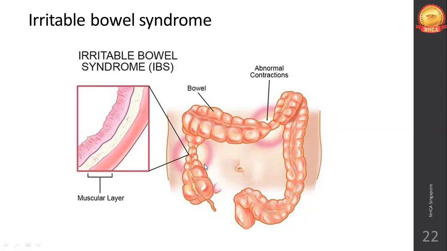Abnormally, here and there contractions can take place, which will lead to constipation, or sometimes diarrhea as well. In IBS, both can happen, either frequent diarrhea or frequent constipation. So the muscular layer of your intestine is malfunctioning here, and that's why you are getting abnormal contractions.